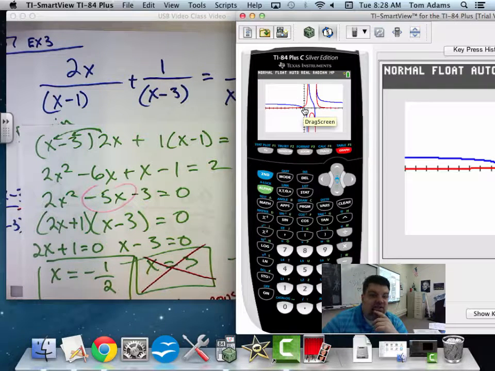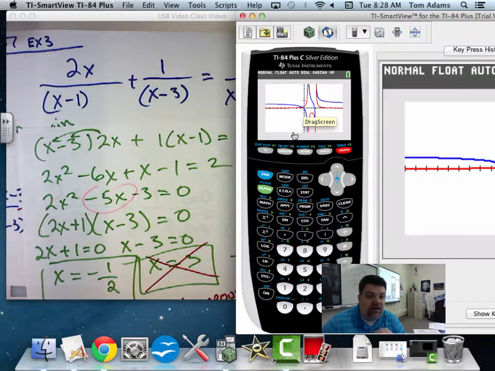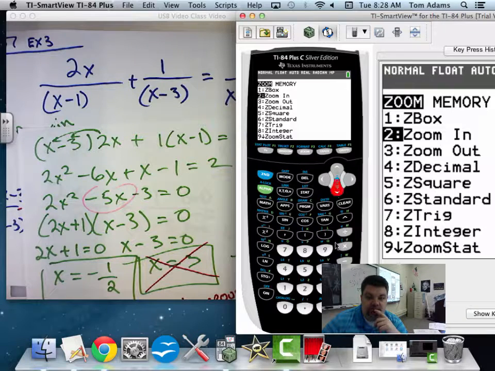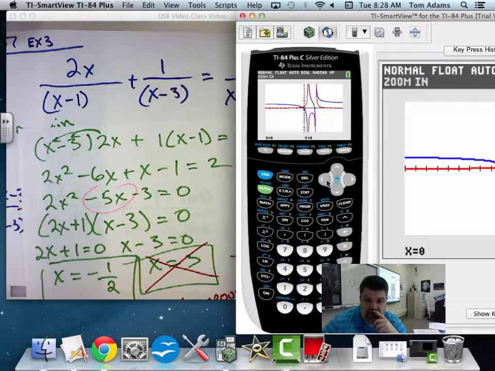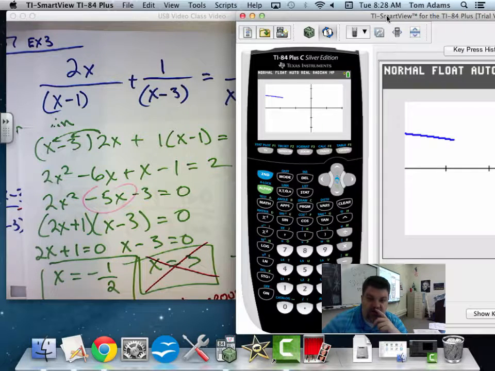What do you think that intersection right there is? I think that occurs at negative x. Let's zoom in on that and see what we get. Let's zoom in over here and see what we end up with. So this is 1, negative 1, so it should intersect about right here when x equals negative 1/2.